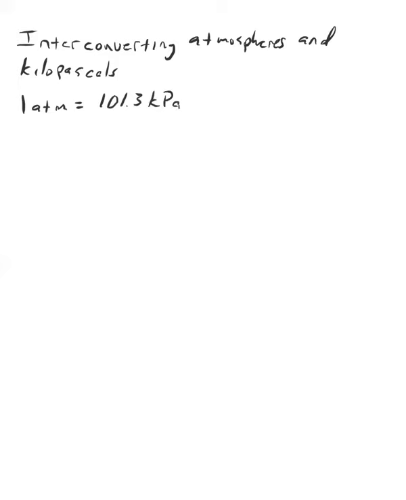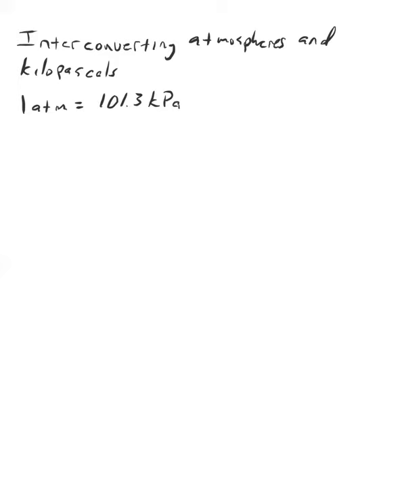And this one's atmospheres and kilopascals. Okay, so let's just write it down here. 1 atmosphere is equal to 101.3 kPa. It's actually 101.325, but I'm just going to keep it at 4 sig figs right here, okay?